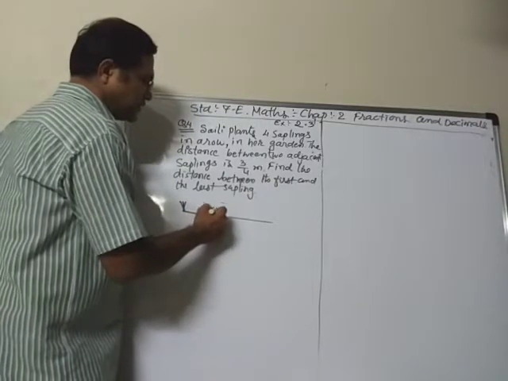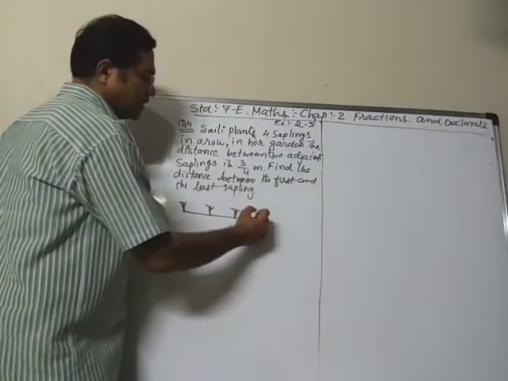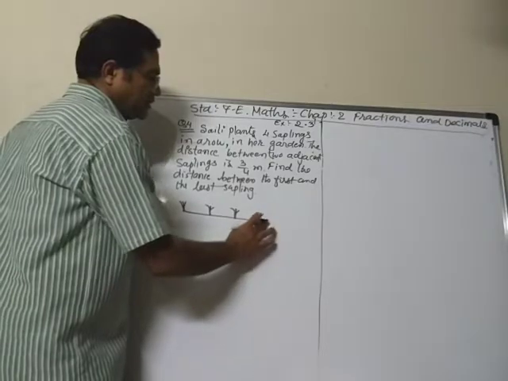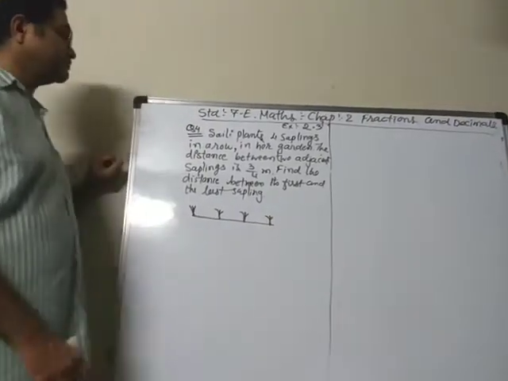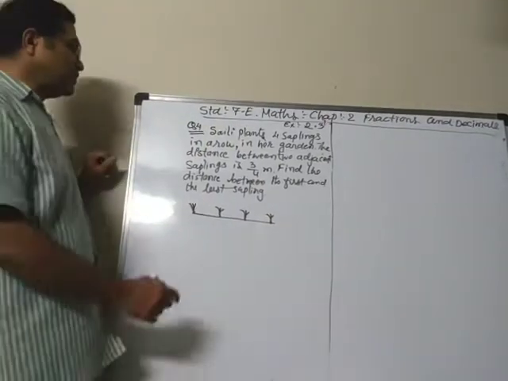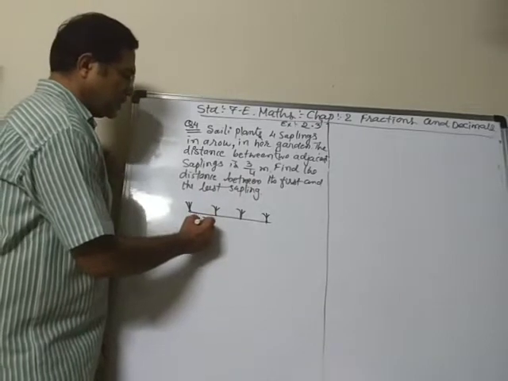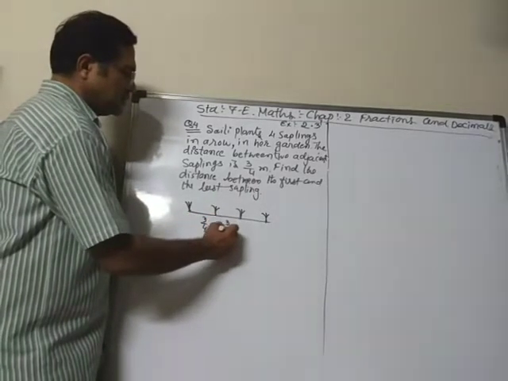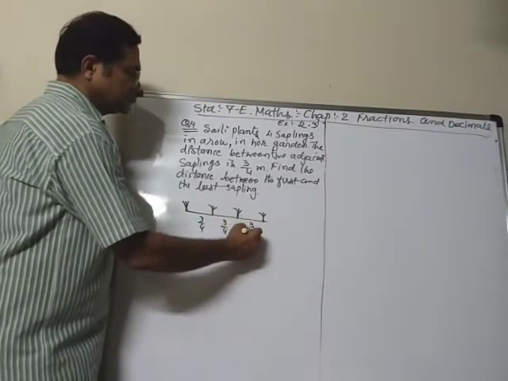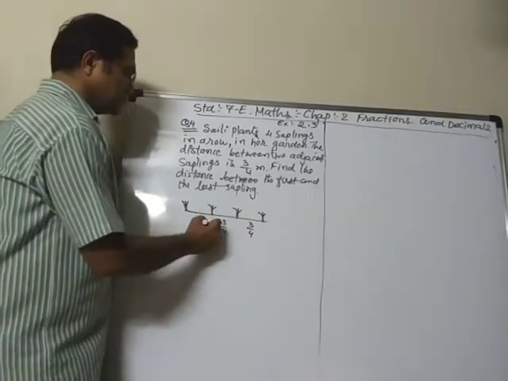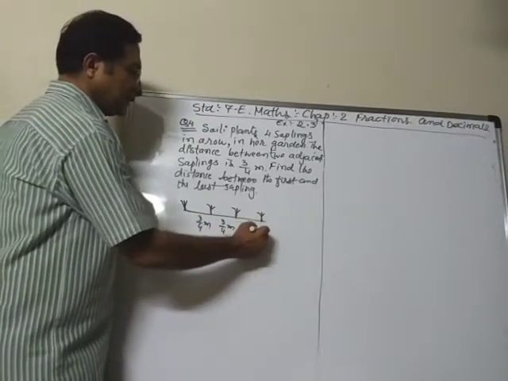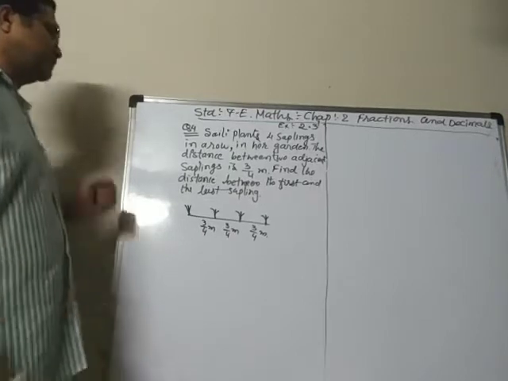That is the second sapling, third sapling, and the fourth sapling. And between each, the distance is 3 by 4 meter, 3 by 4 meter, and 3 by 4 meter.